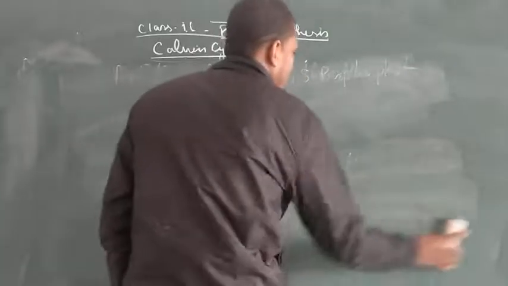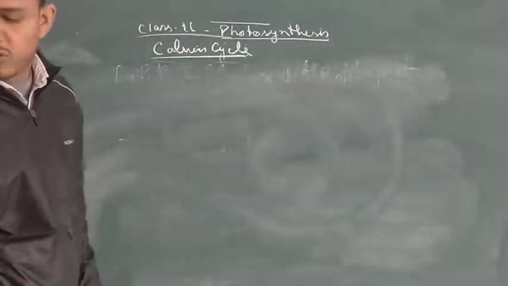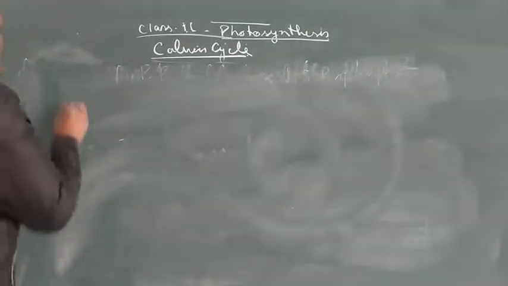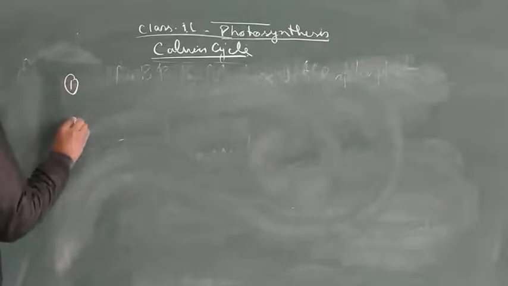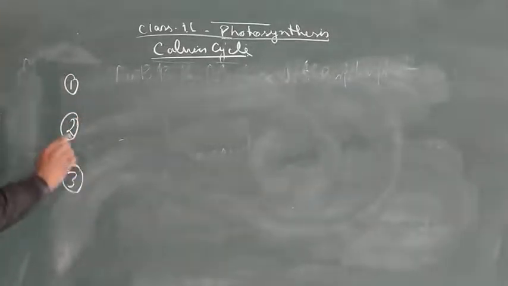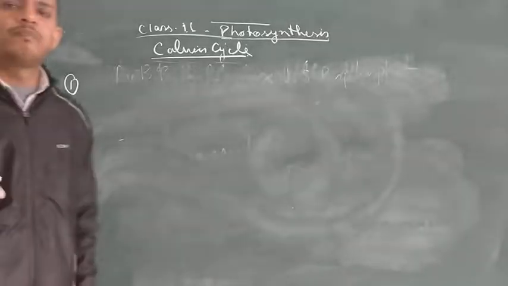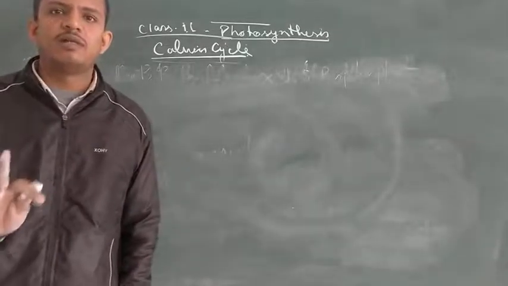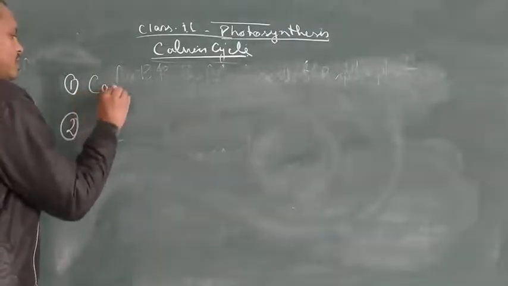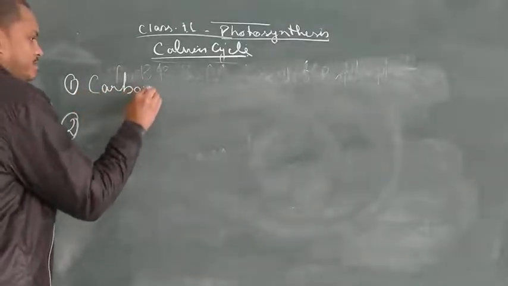What is the first stage, then the second and third? In the very first stage, what happens? Simply the absorption of carbon dioxide by the RUBP. That is known as carboxylation.